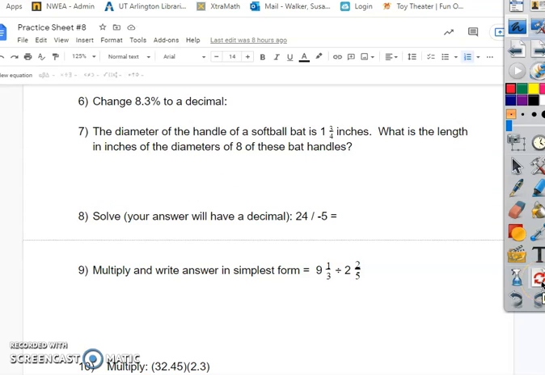Okay? So hopefully you know, if you think about that, I have 1 3/4, and another 1 3/4, and another 1 3/4. Hopefully you can tell, guys, we are multiplying. We're going to do 1 3/4 times 8, because there's 8 of them. Now, when I do this, I do Texas, right?